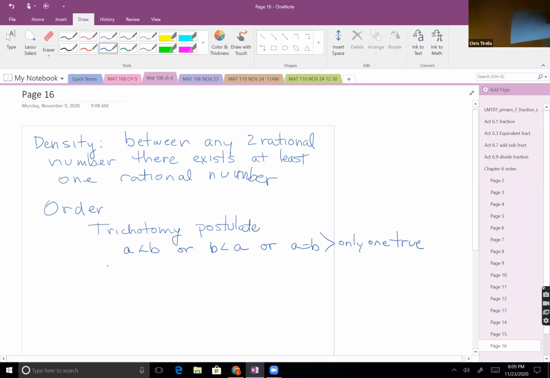We have a transitive property of order, which says that if A is less than B and B is less than C, then we can conclude that A is less than C.